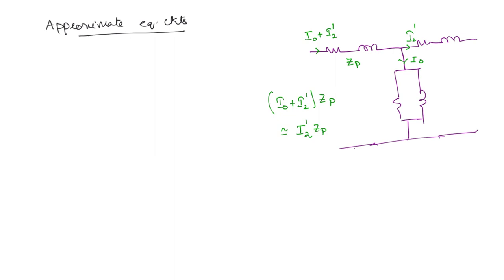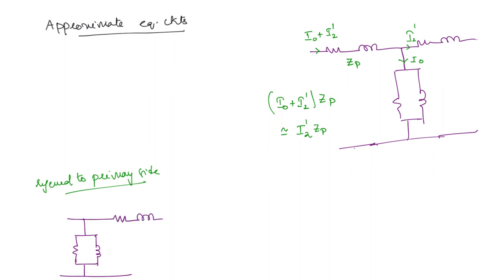So this is how we will get the first approximate equivalent circuit. First we will draw the circuit referring to the primary side. Then what is going to happen? You're going to have the magnetizing and the core loss components first, and here you are going to have the primary and the secondary series parameters.